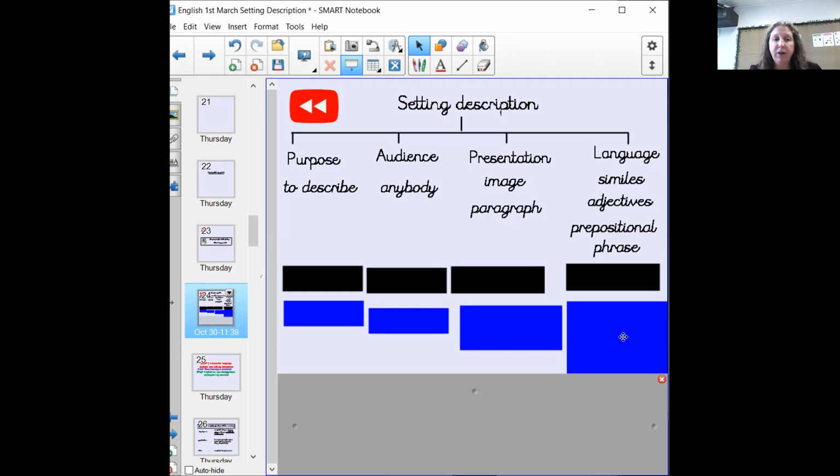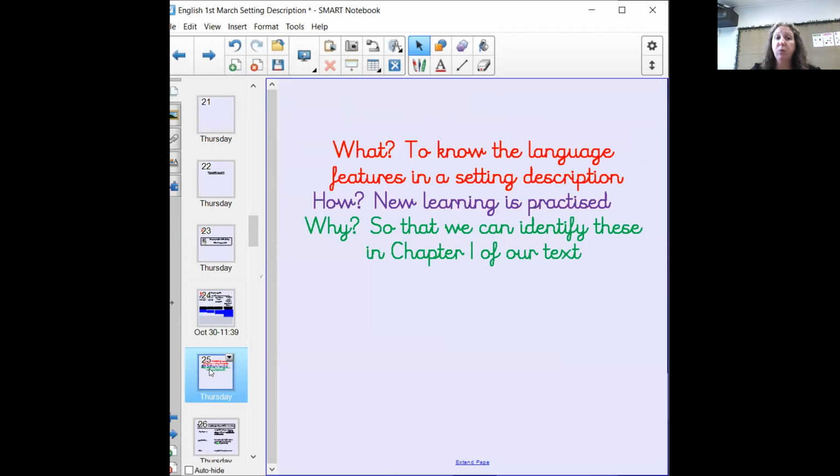Okay, so just having a focus on today. If we have a look at what is to know: the language features in a setting description. We are focusing on those language features so that we can see what we need to use, and make sure that when we write our setting description, we are including all of that language.